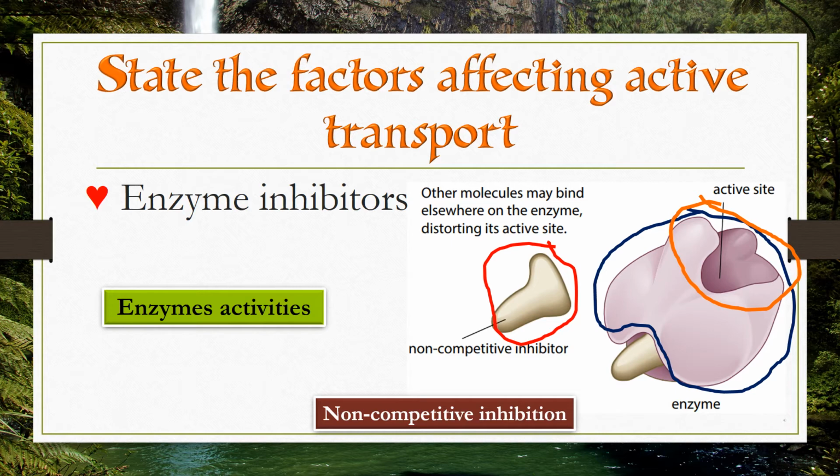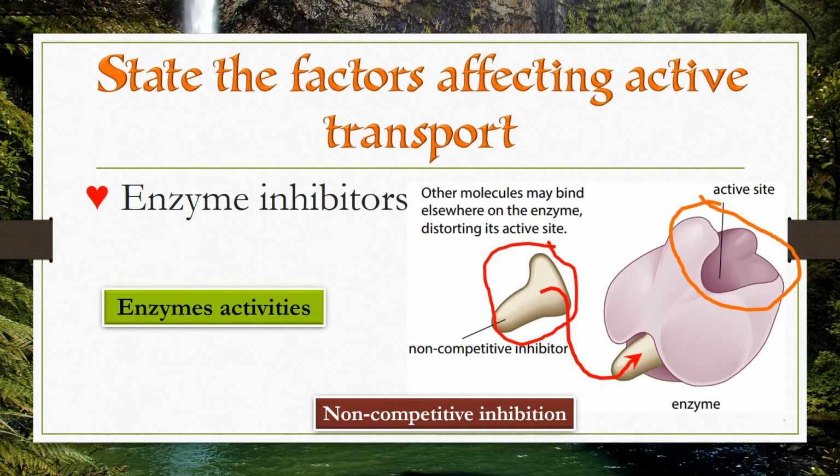Non-competitive inhibitors are other molecules which may bind elsewhere on the enzyme, but not at the active site. They just bind somewhere else on the enzyme, but when they do that, they distort the active site. And when the active site has been distorted or the shape has been changed, that means that the substrate now cannot fit properly into the active site.